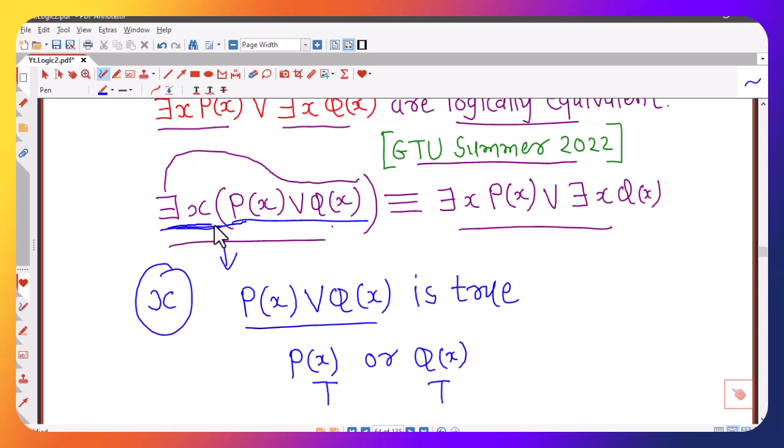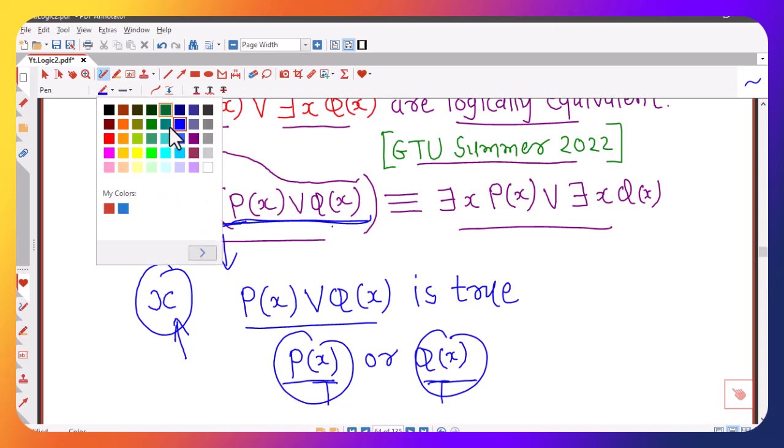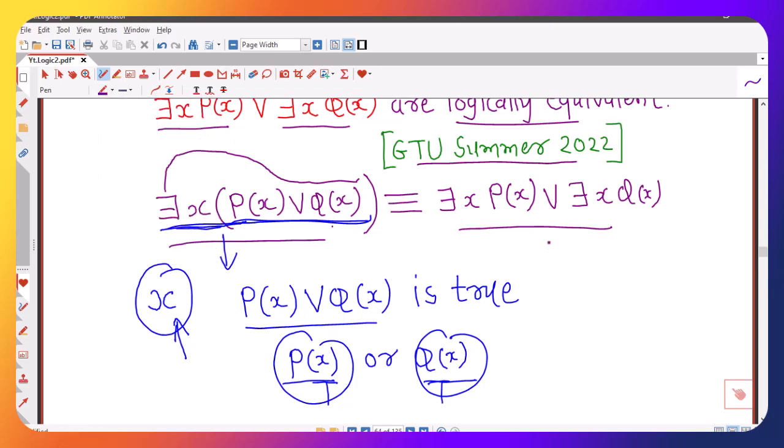That means this is true if there exists at least one x for which either px is true or qx is true, or there exists at least one x for which at least one of these two has truth value true.